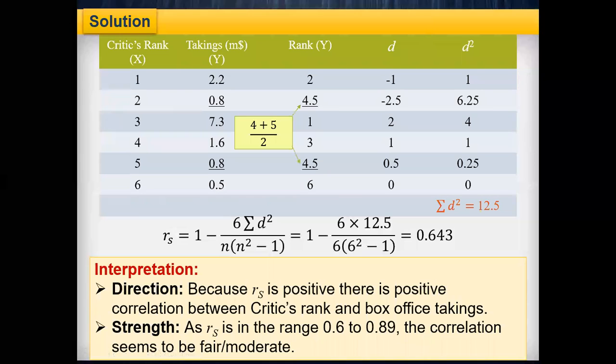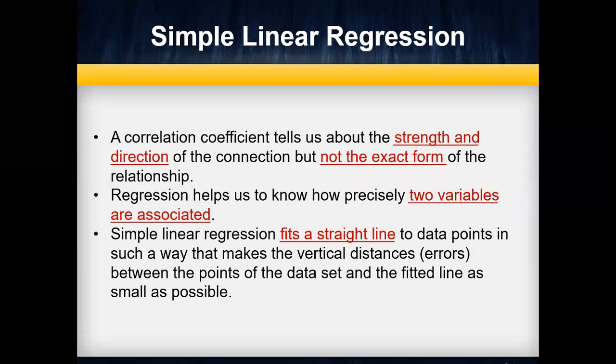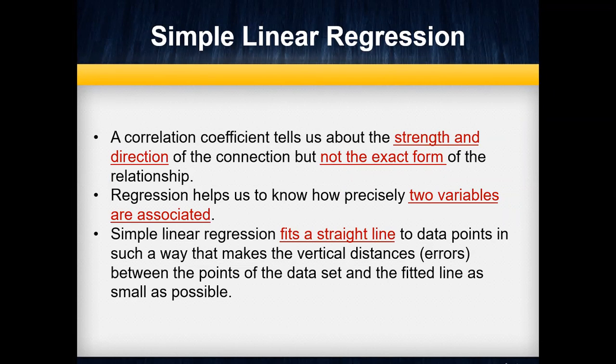Okay, so anyhow, now we come to the second method, the last method of this chapter, the regression method, the simple linear regression. Look, the Pearson correlation coefficient is just a number. It will provide you the answer in the form of a number like 0.9.